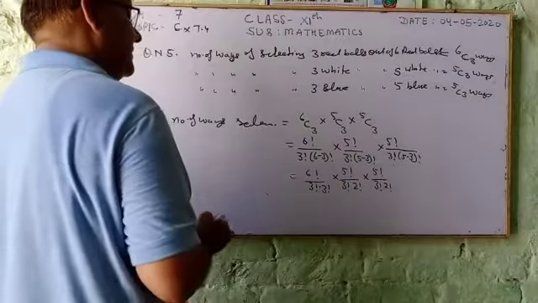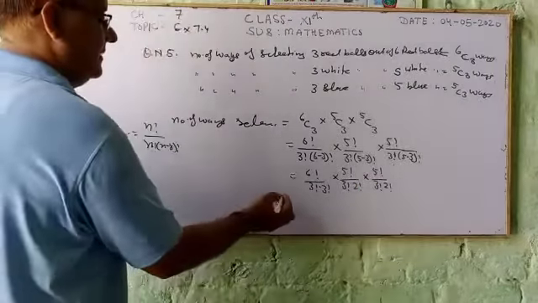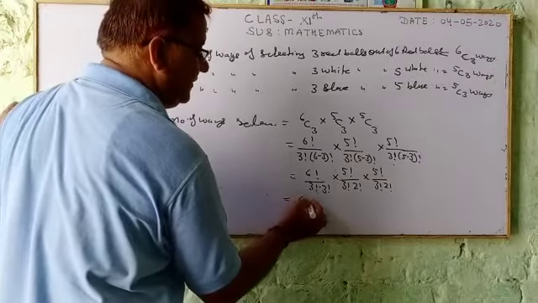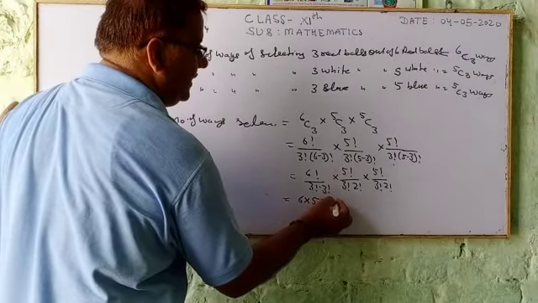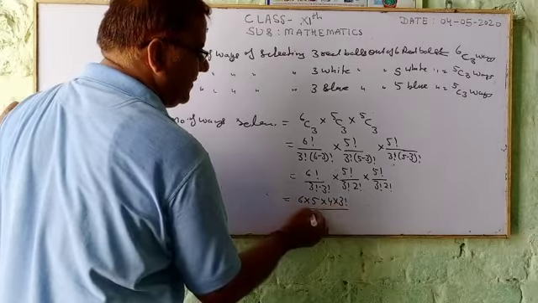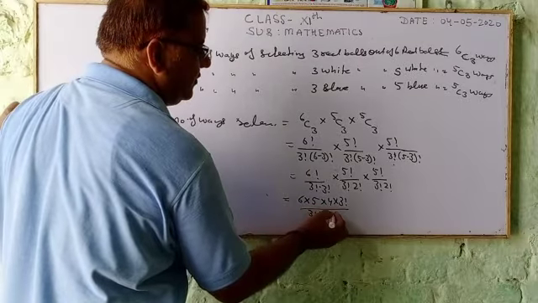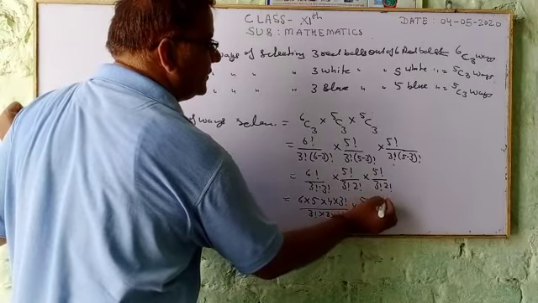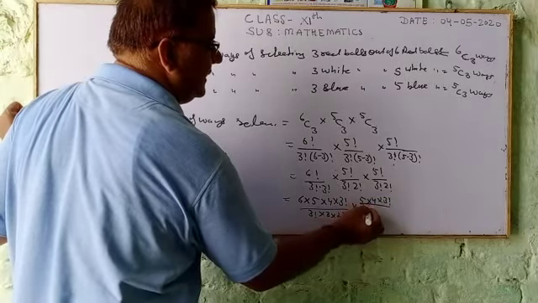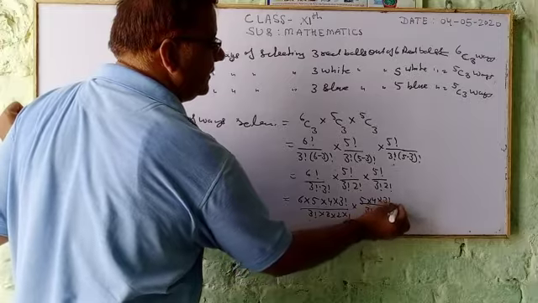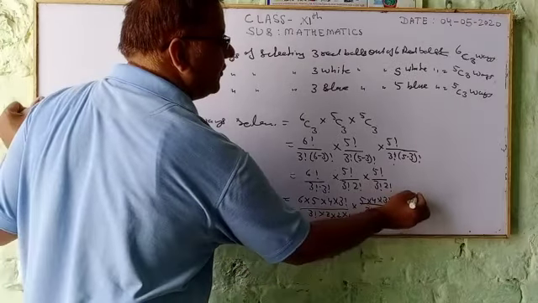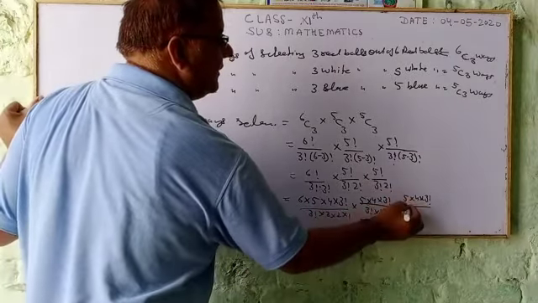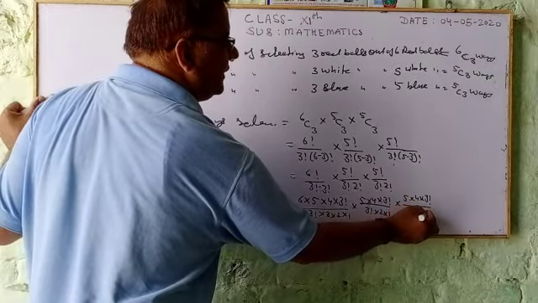This can also be written as 6 into 5 into 4 into 3 factorial upon 3 factorial into 3 into 2 into 1, 5 into 4 into 3 factorial upon 3 factorial into 2 into 1, and 5 into 4 into 3 factorial upon 3 factorial into 2 into 1.